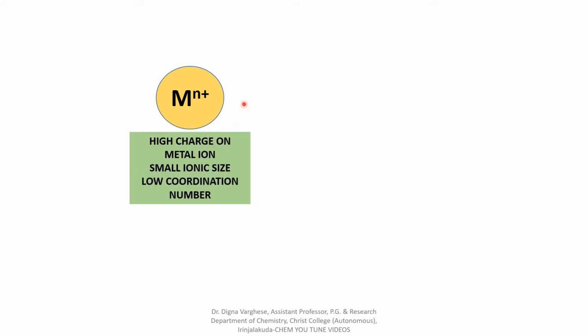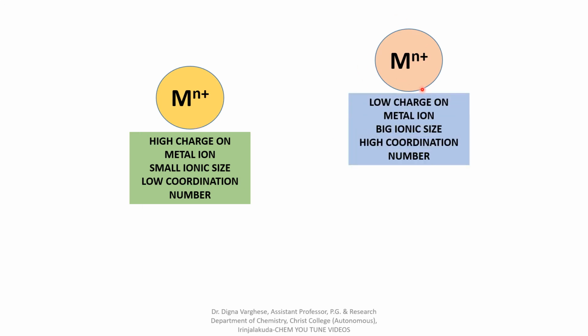Here you can see the metal ion. High charge on the metal ion has small ionic size, so it prefers low coordination number. In the case of this metal ion, there is low charge on the metal ion, so its ionic size is big.